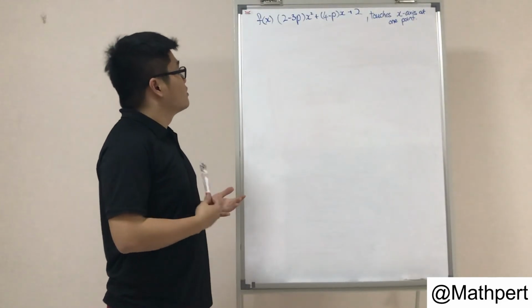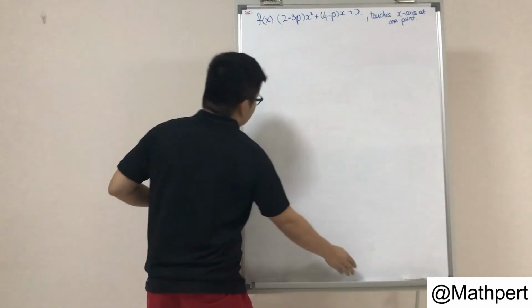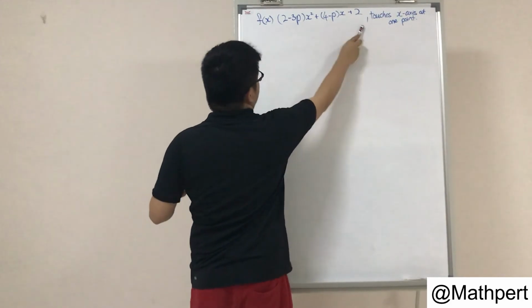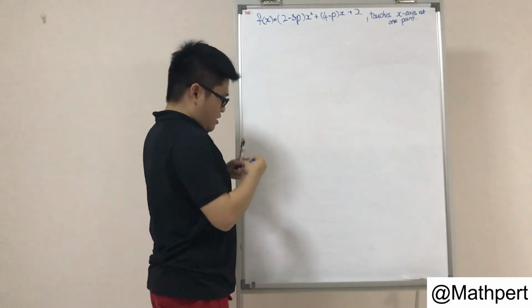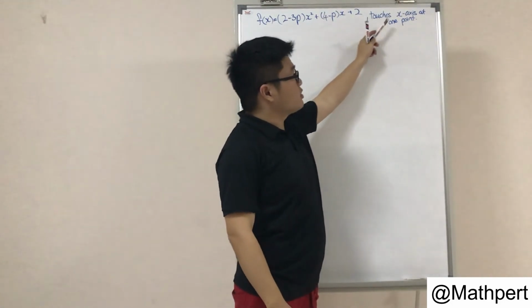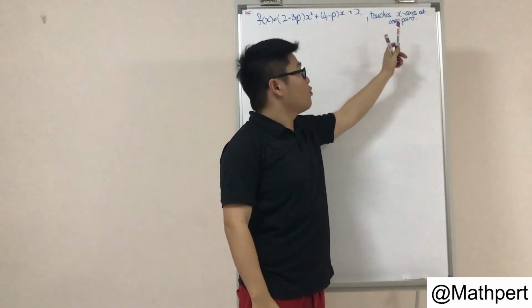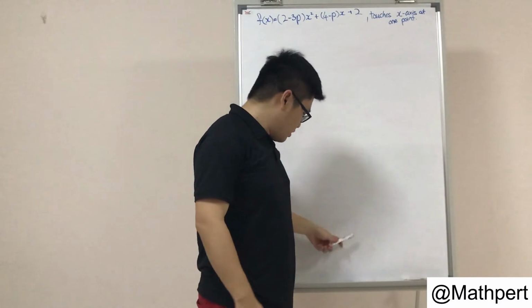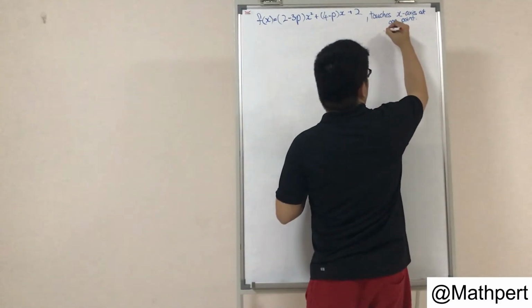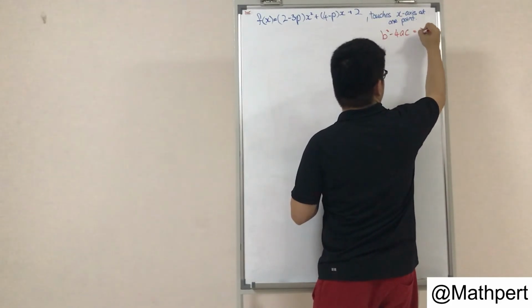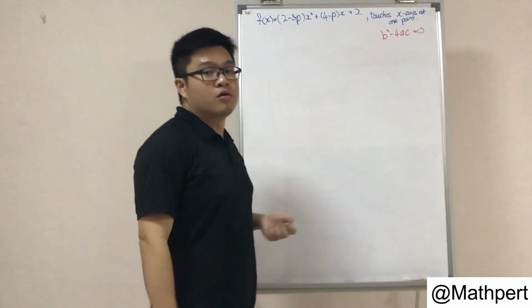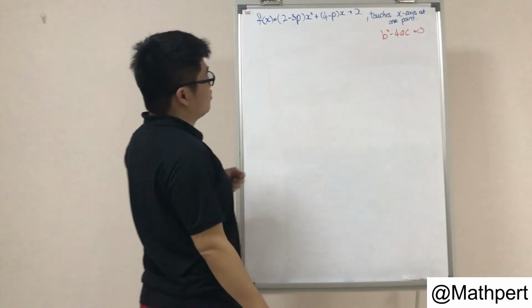Okay, next we are given this quadratic function and it touches the x-axis at one point, meaning b squared minus 4ac equals 0.